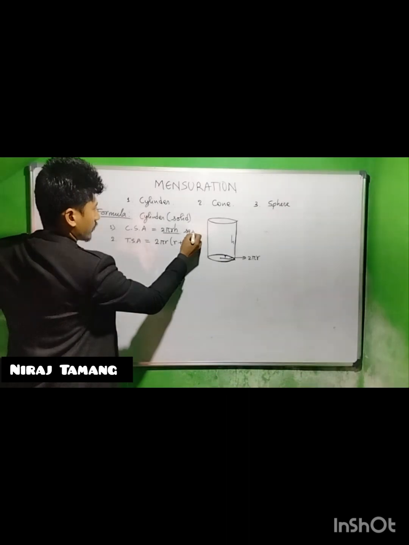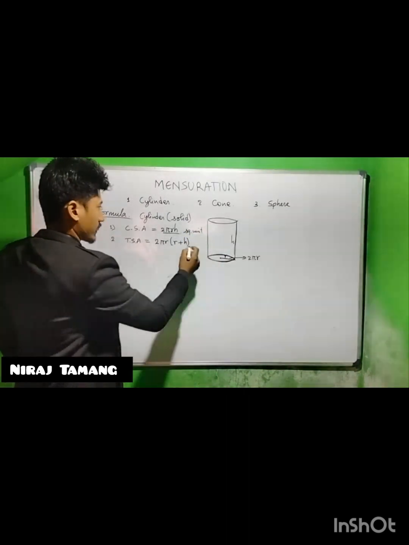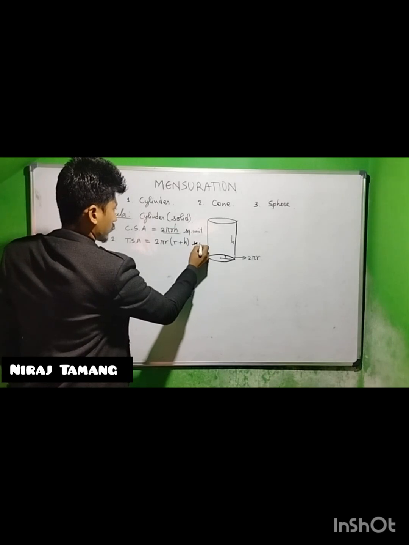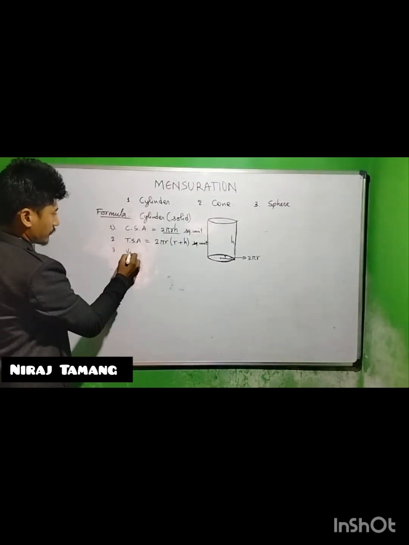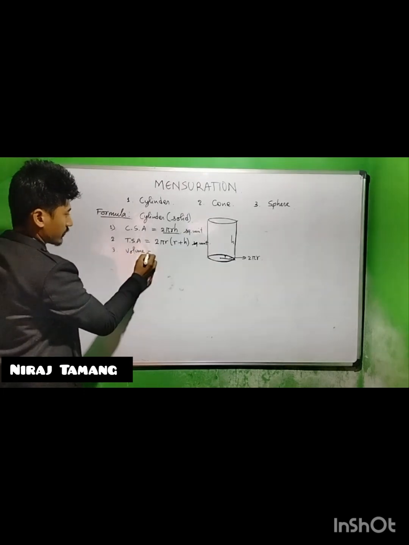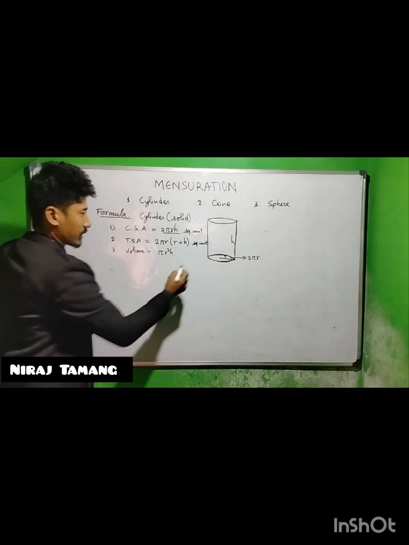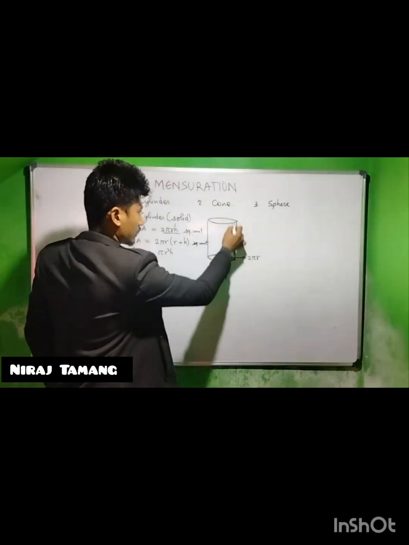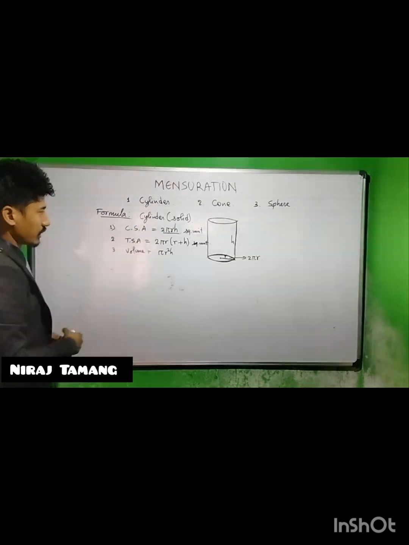It will be square unit. If it is in centimeter, then centimeter square, or square centimeter. This is also in square unit. Now third part is its volume of the material, which is pi r square h, that is area of the base into height. So these are for solid cylinders.